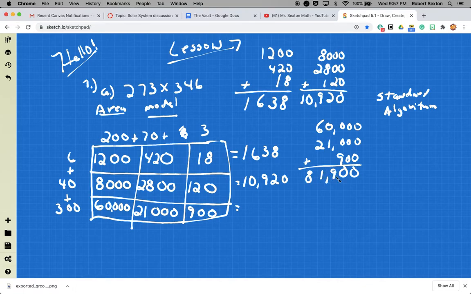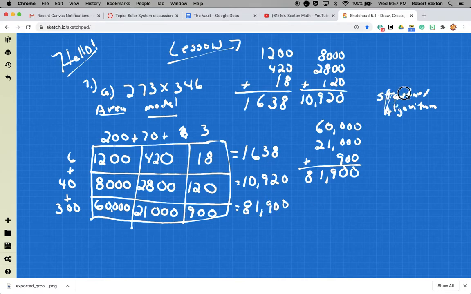All right. So just this bottom row of partial products is worth 81,900. Yikes. Now, if you can believe it, I have to add this beast up.